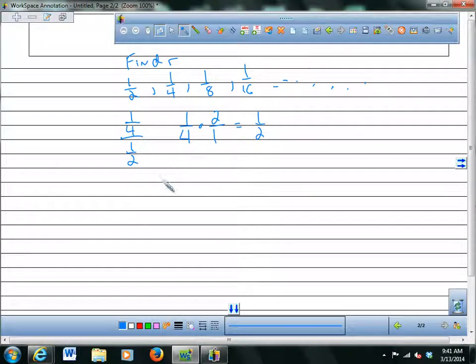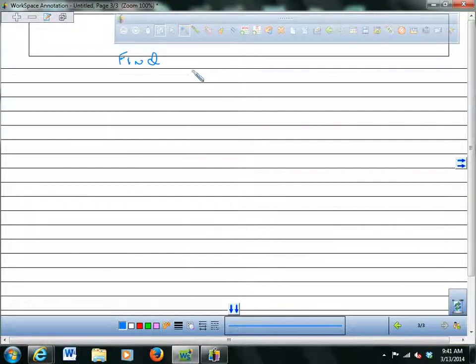The next thing you're going to see is a lot like the one we did before with an arithmetic sequence: find the 15th term of a geometric sequence with a sub 3 equals 5/4 and a sub 6 equals 5/32.